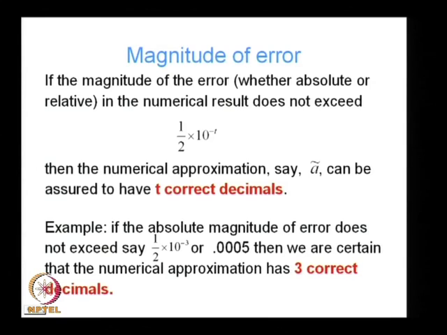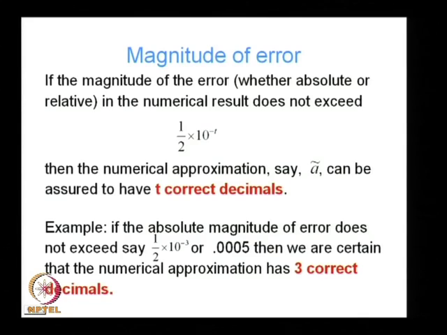Again, we consider an example. If the absolute magnitude of error does not exceed, say, half into 10 to the power minus 3 or 0.0005, then we are certain that the numerical approximation has 3 correct decimals.